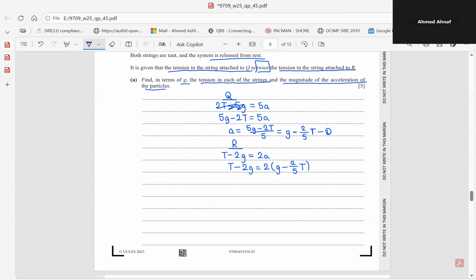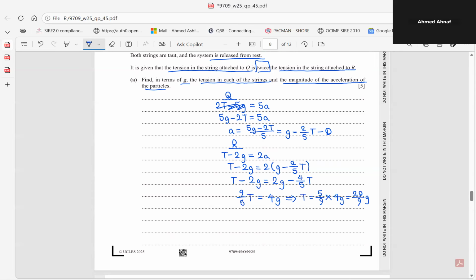And then T minus 4 over 5T. So move the 4 over 5T to the other side, you would get 9 over 5T, and then this is going to be equal to 4g. Then T is just going to be 5 over 9 times 4g, which is going to be 20 over 9g.